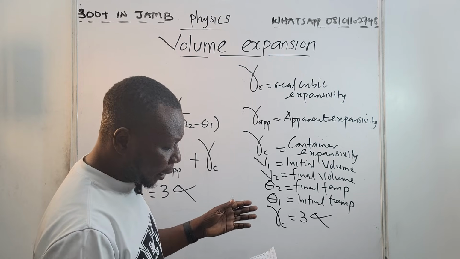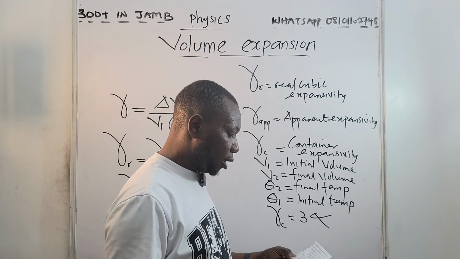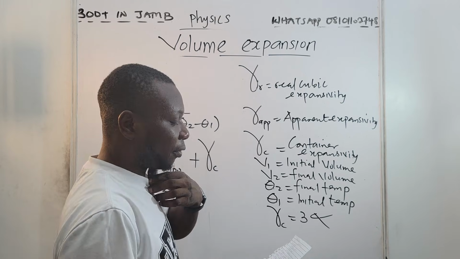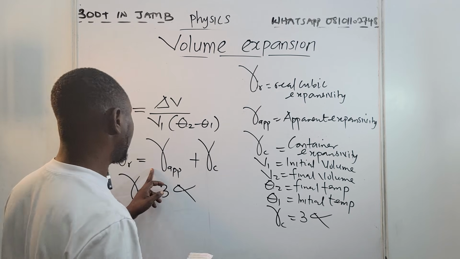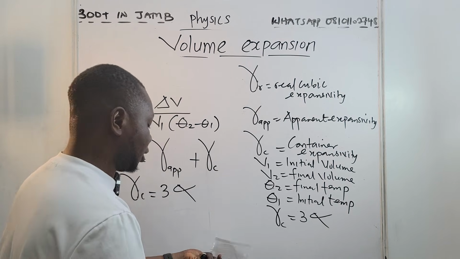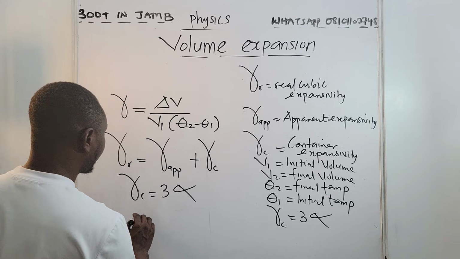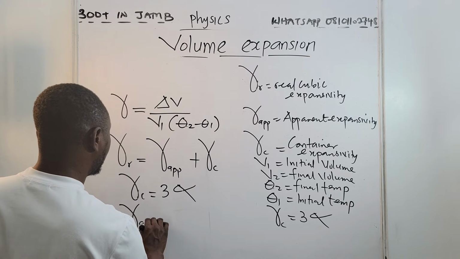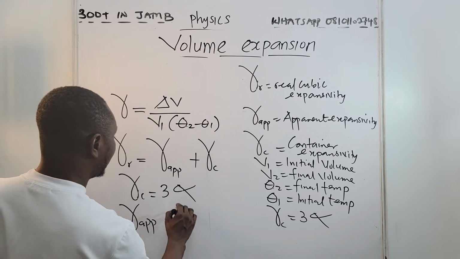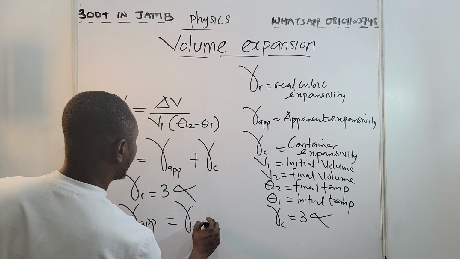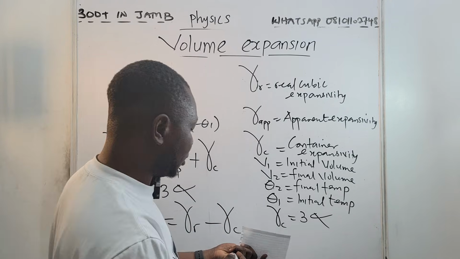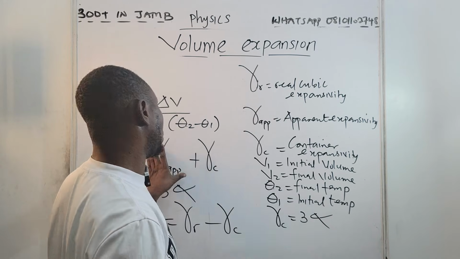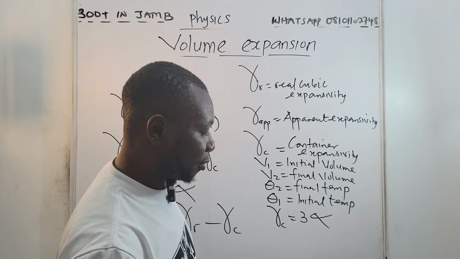The apparent expansion is the real expansion minus the container expansion. If I need to get the apparent from here, it is just a change of formula: real minus the expansivity of the container. So now we are more interested in the apparent expansion.